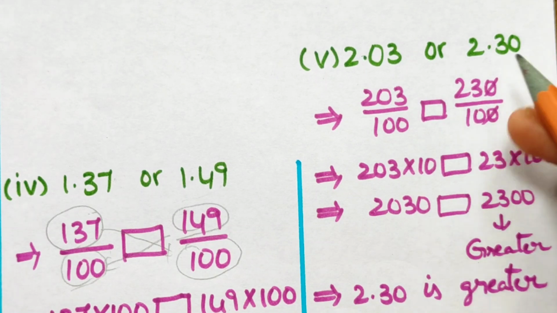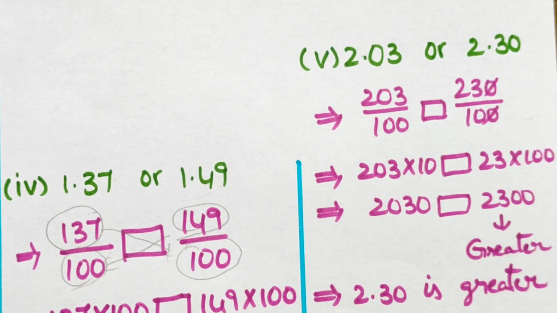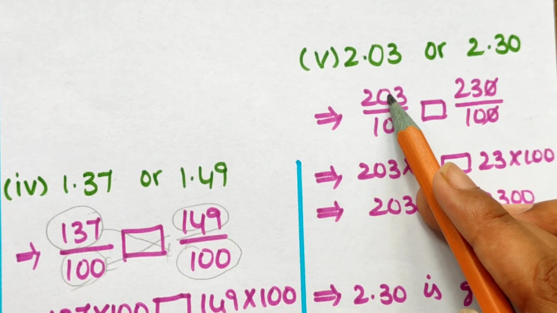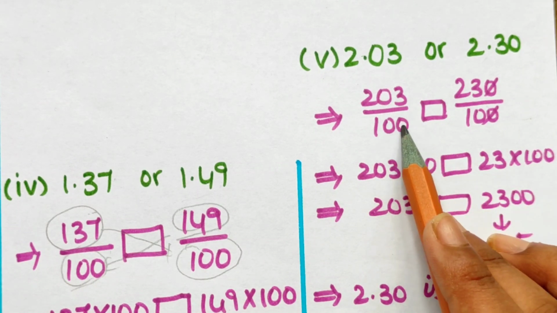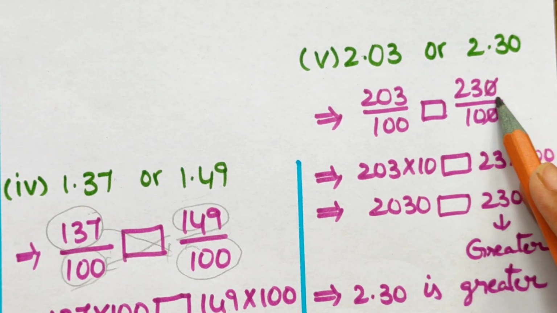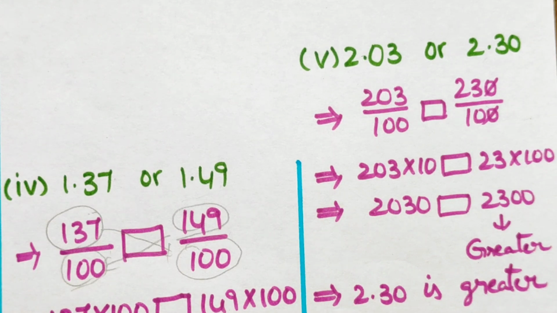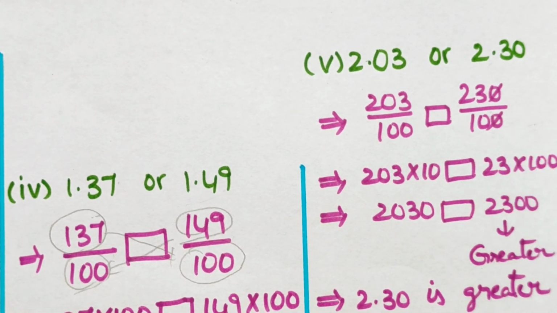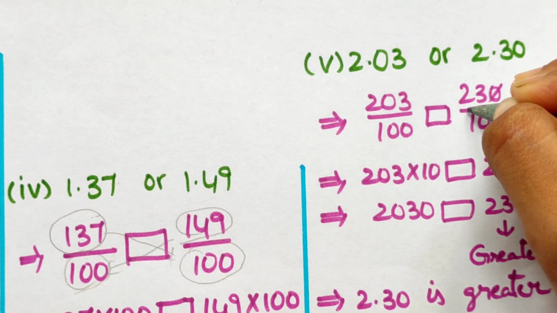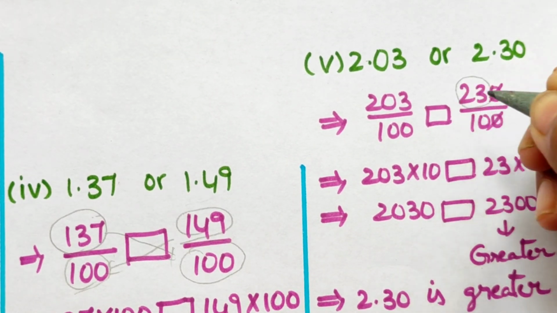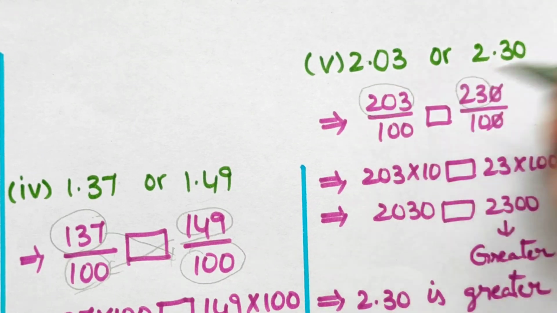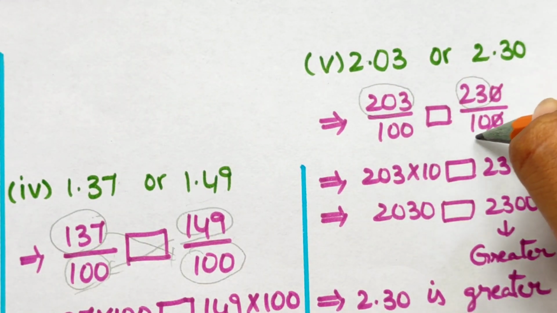Let us cancel this 0 and 0. We should not cancel this 0 and this 0. We can cancel the zeros which are at last of any number. So let us cancel 0 and 0. Now let us do cross multiplication. 23 or 203, 203 into 10.